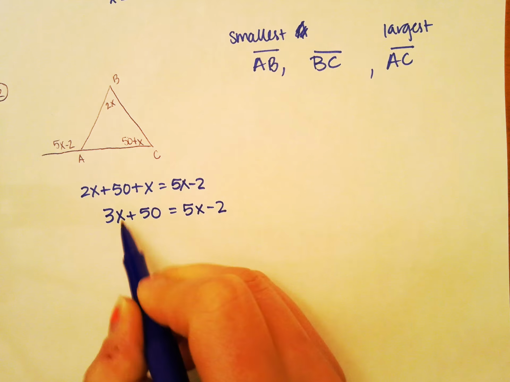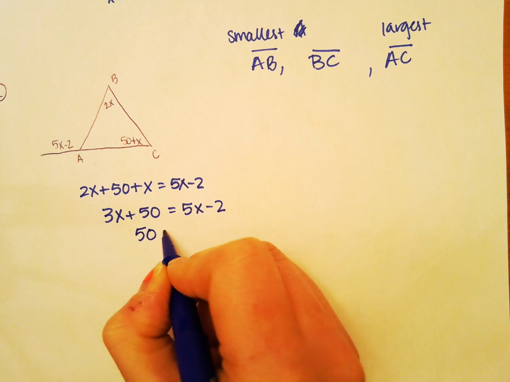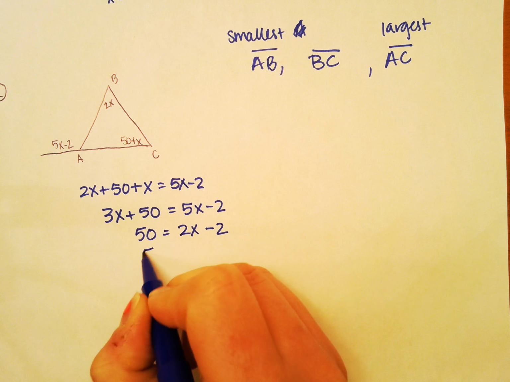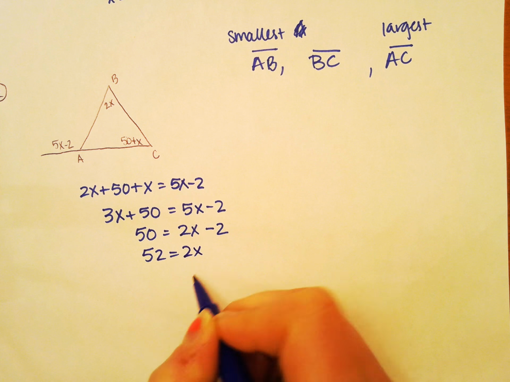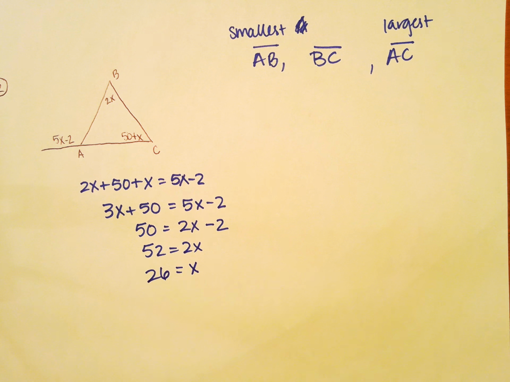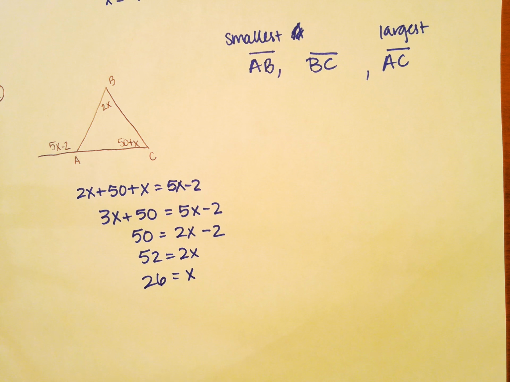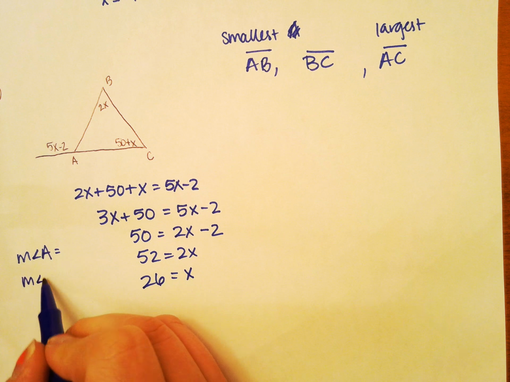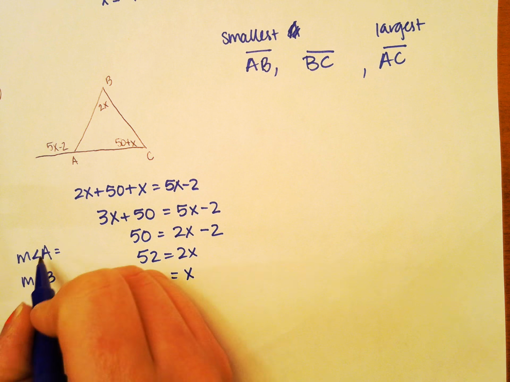And I can solve for x, subtract 3x from both sides, and I get 2x, add the 2 over, and then divide by 2, and we should get 26.